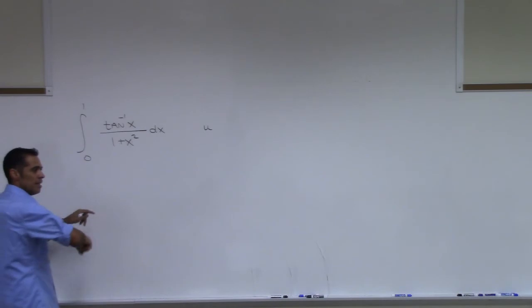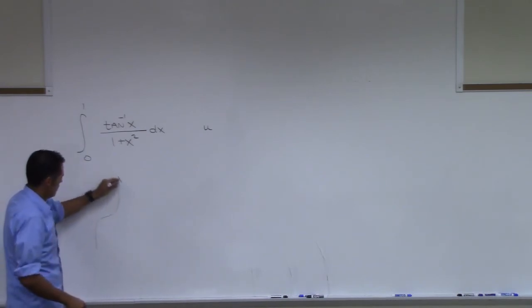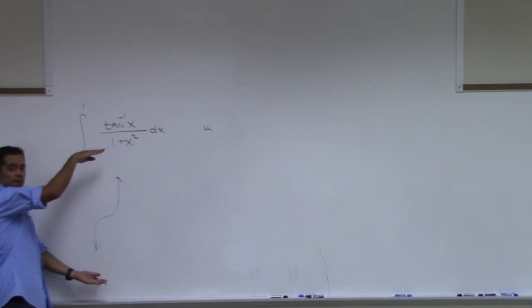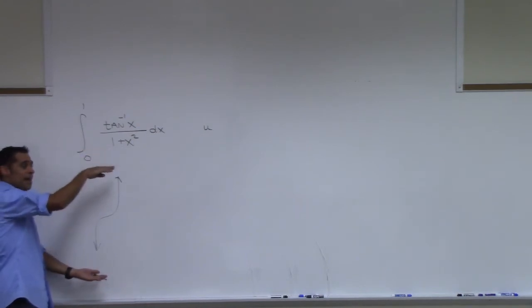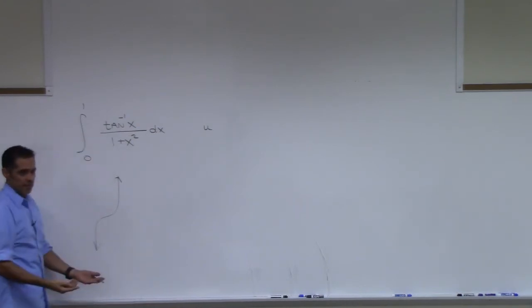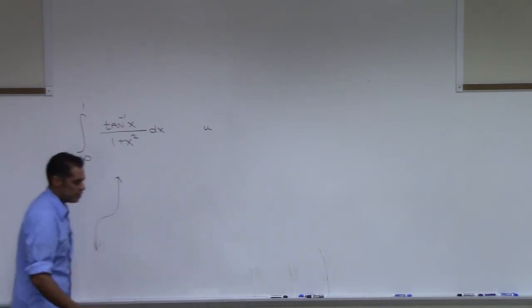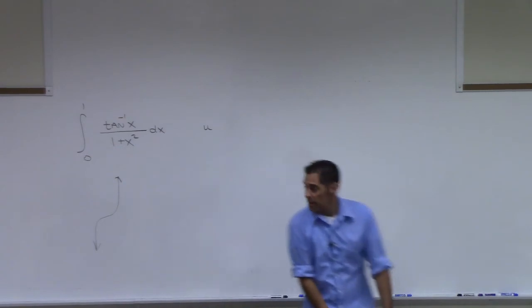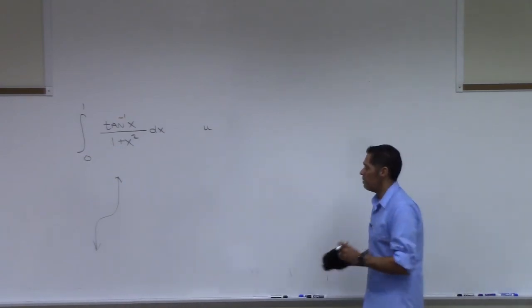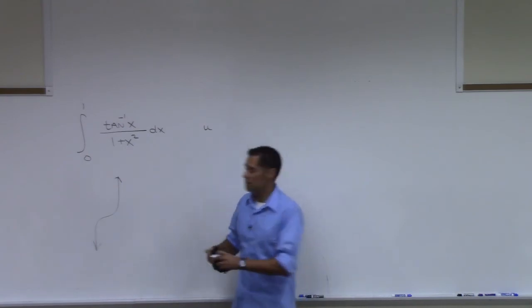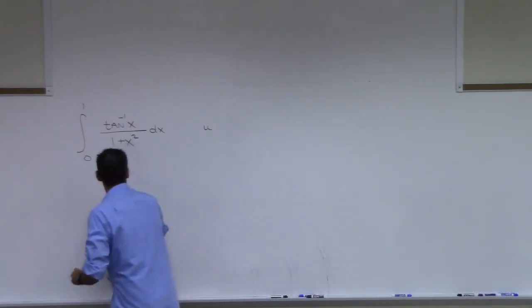The range is everything. That means the domain of the inverse is everything, because the range and domain switch places when you do inverses. So we can plug anything we want into arctan. We know the denominator is always good. So this is not an improper integral. It's a definite integral, but it's not improper.